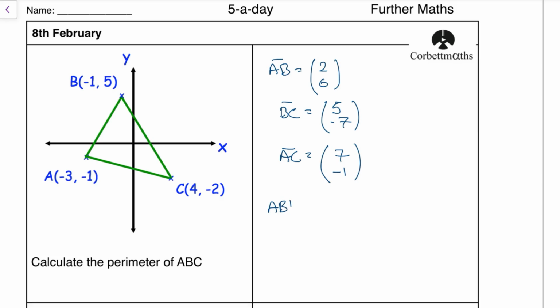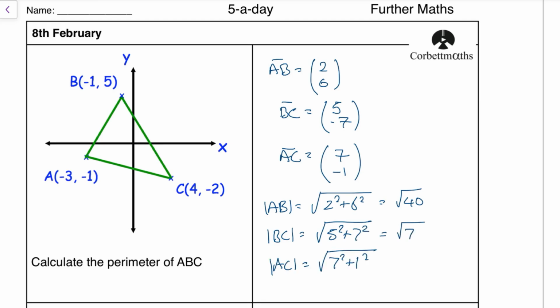So the length of A to B is going to be 2 squared plus 6 squared, which is √40. And the length from B to C is going to be 5 squared plus 7 squared, which is √74. And then 7 squared plus 1 squared is 49 plus 1, which is √50.